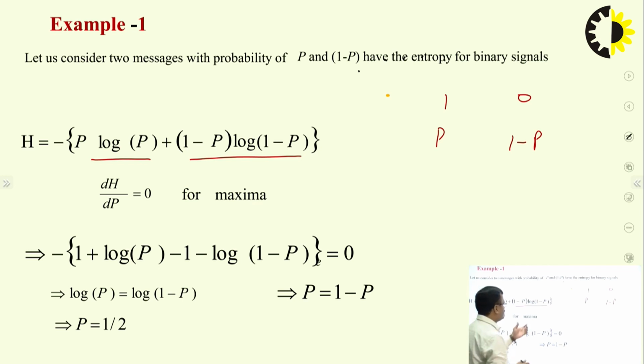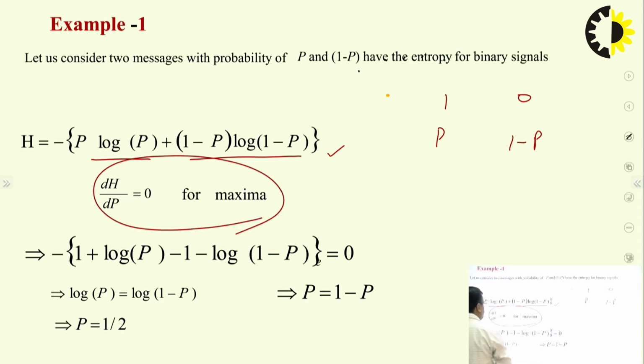Now I am interested here in getting its maximum value of entropy. So we know for maxima generally we have to differentiate, first derivative equal to 0. So here dH by dp is put equal to 0 for getting the maximum value of entropy. If I solve this, then I will get p equal to 1 upon 2. So at p equal to 0.5, our entropy will be maximum.